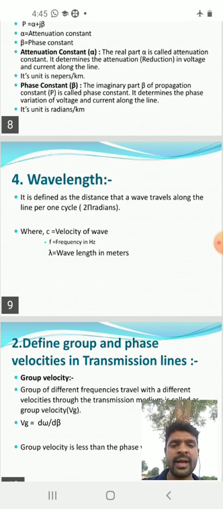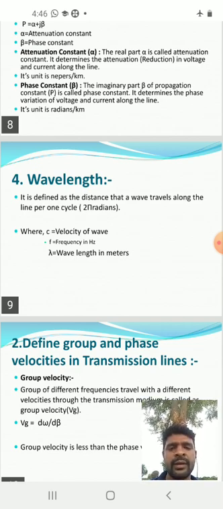That distance is called the wavelength. Wavelength is denoted by lambda. Units are meters. Lambda equal to c by f, where c is the velocity of the wave and f is the frequency in hertz.